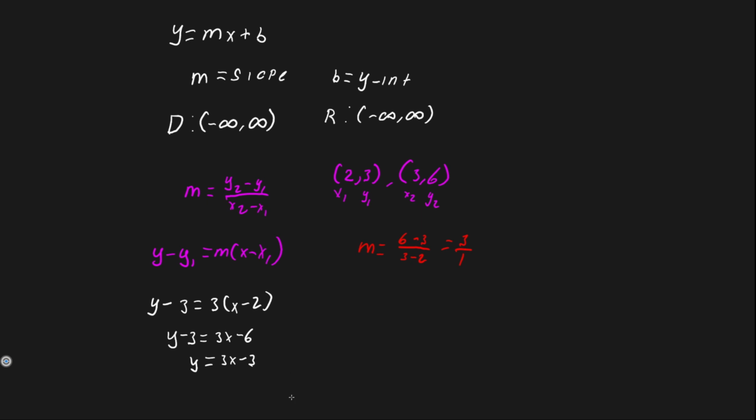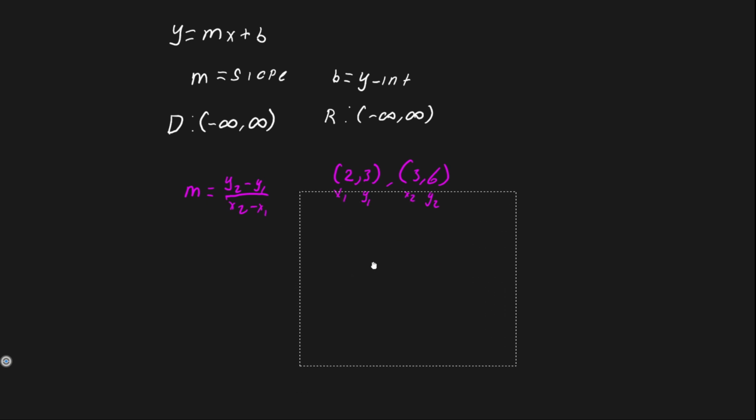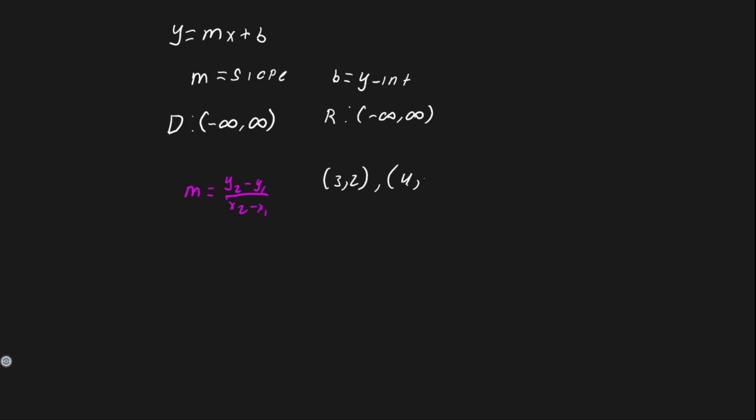So let's go ahead and look at another example. And the example we're going to look at has to cross through 3 comma 2 and 4 comma 3.